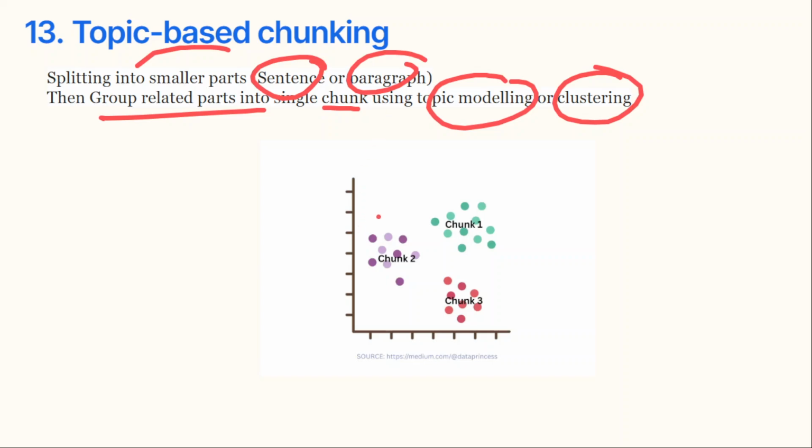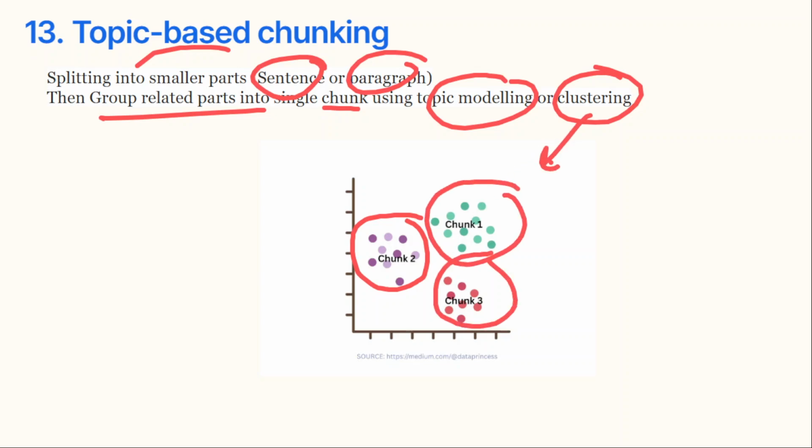So let's say you have some data, you divide that data and then you apply some topic modeling or maybe a clustering technique to divide your whole data into the different chunks, so that during the retrieval or generation part it is very good.